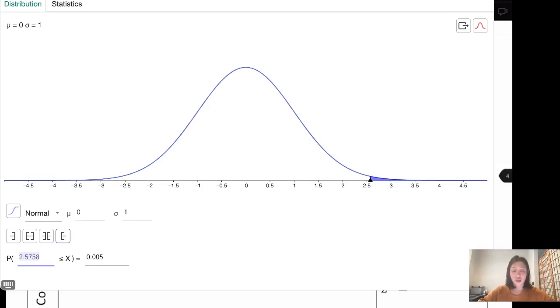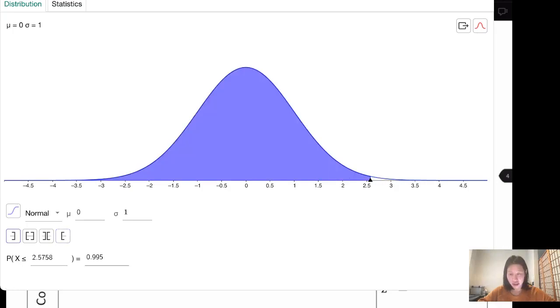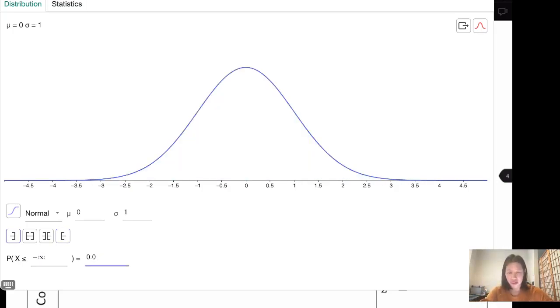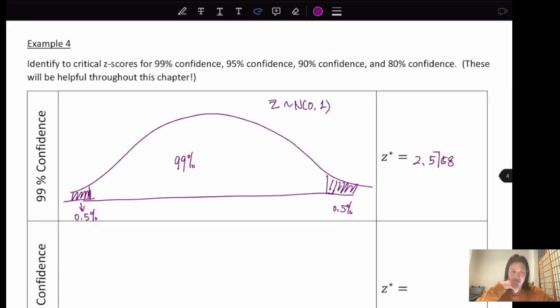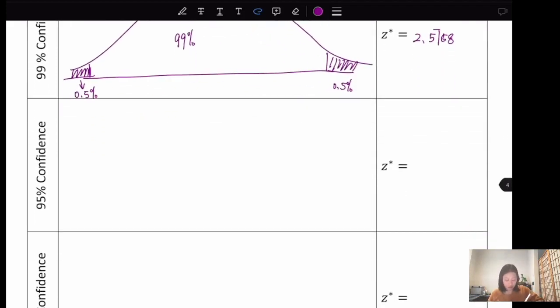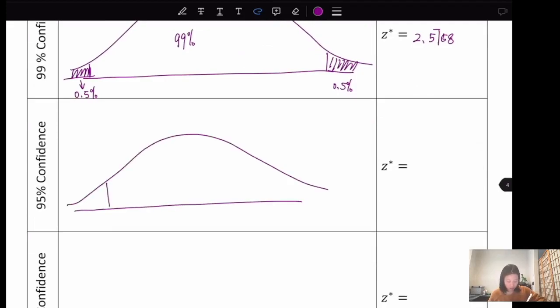Since the standard normal distribution is symmetric, the other end is going to be a negative 2.5758. So we write down our answer. The z-score in this case is going to be positive or negative 2.576.